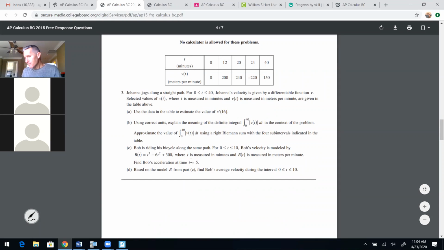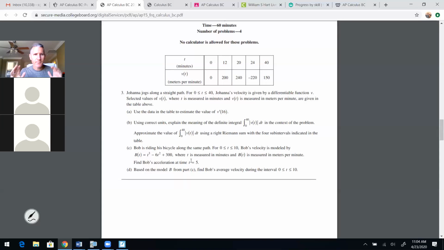So, average velocity. Listen to this, people. This is an important distinction.